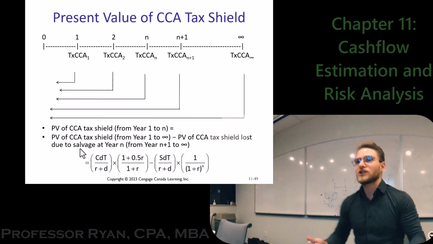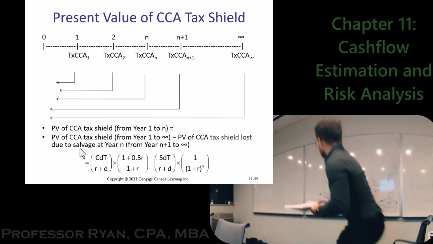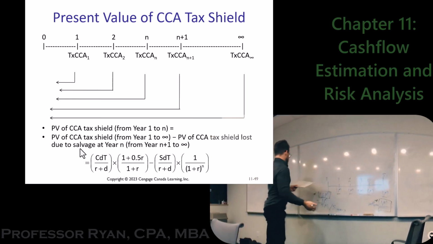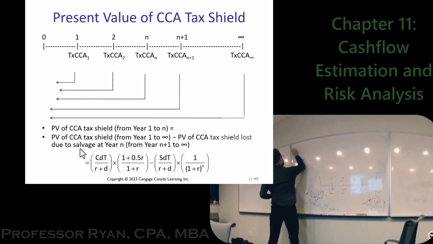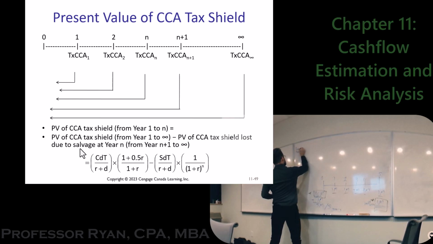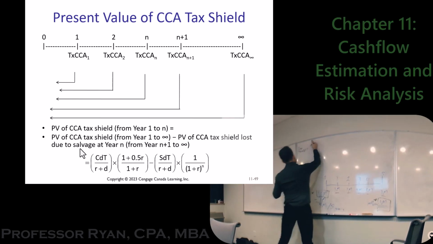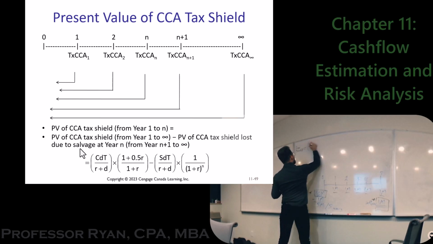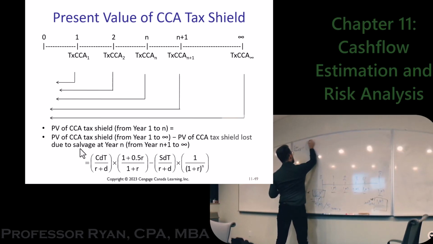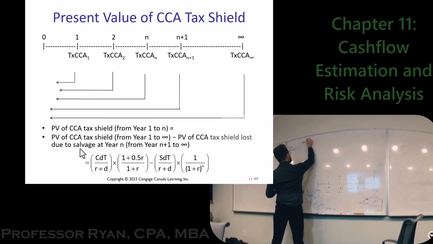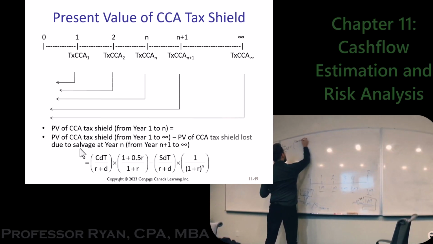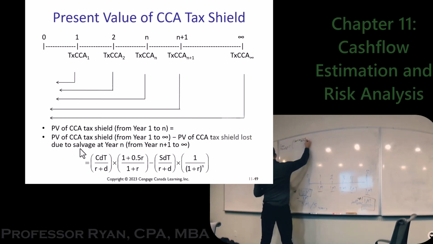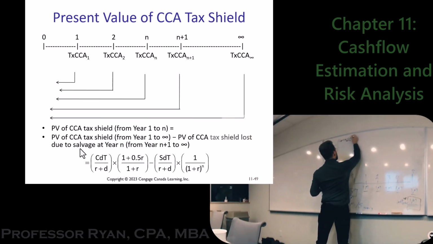So when I'm doing a tax shield, what it really is is this: you take your cost, the original cost of, say, the piece of equipment, and then you multiply it by your CCA rate, and then you multiply that by whatever your corporate tax rate is.